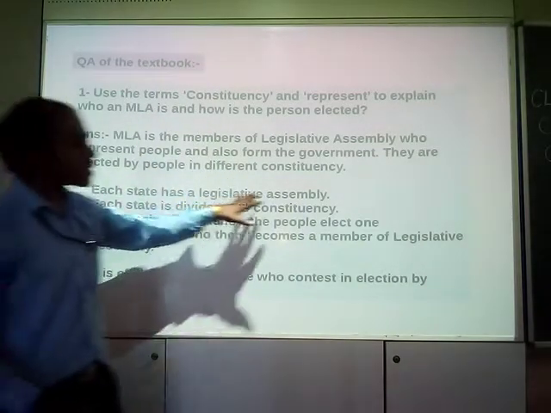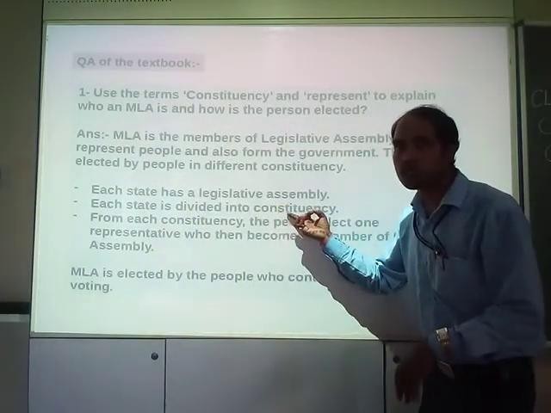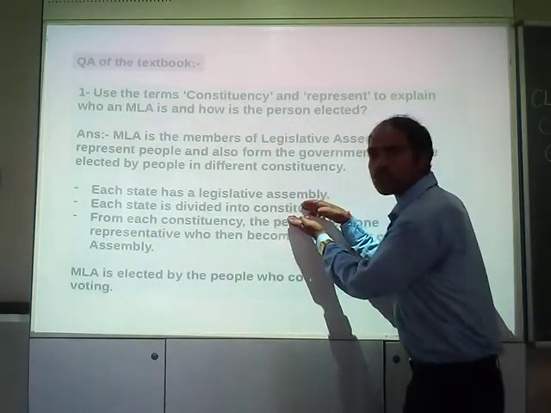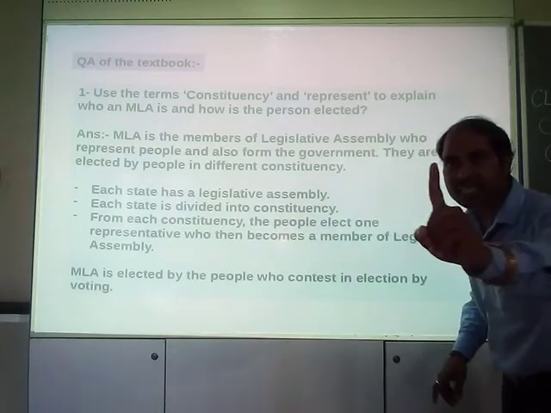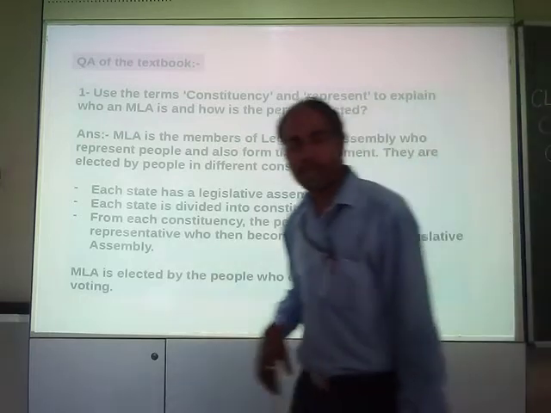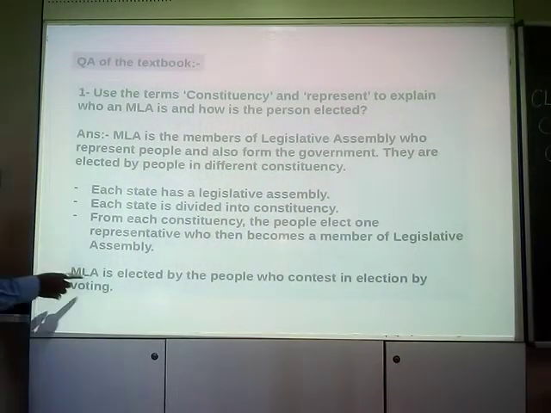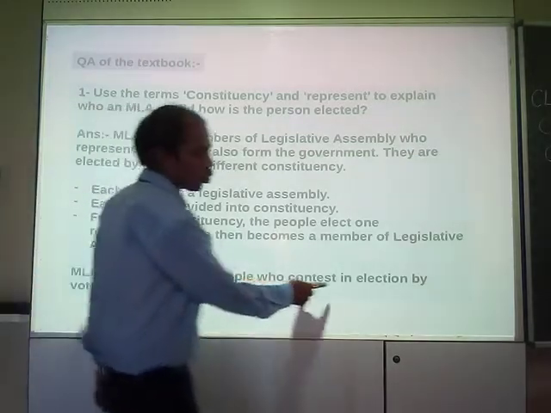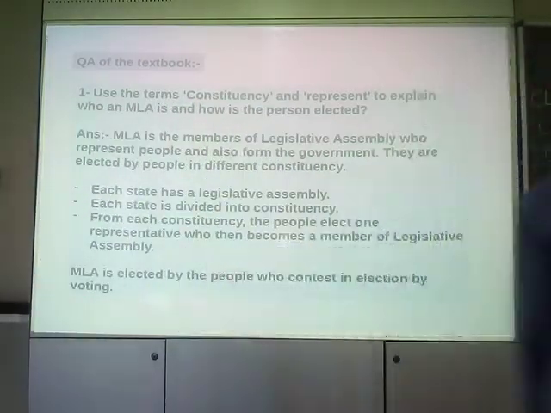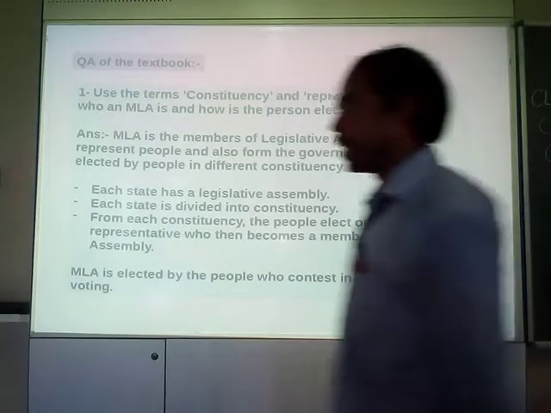So every state has a legislative assembly, as well as every state is divided into constituency. From every constituency, one leader is elected who becomes the MLA, member of legislative assembly. MLA is elected by the people who contest in election by voting. So people choose their representative by casting their vote, right? Yes.